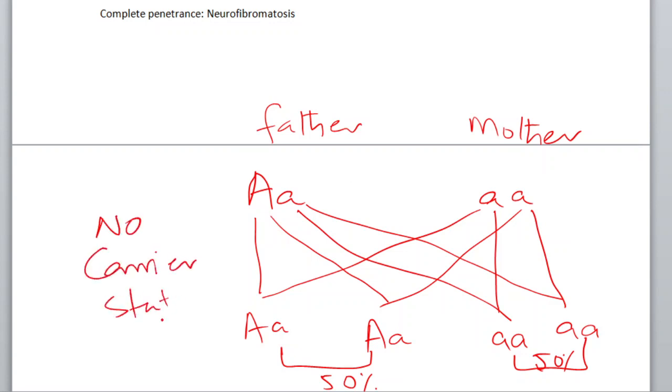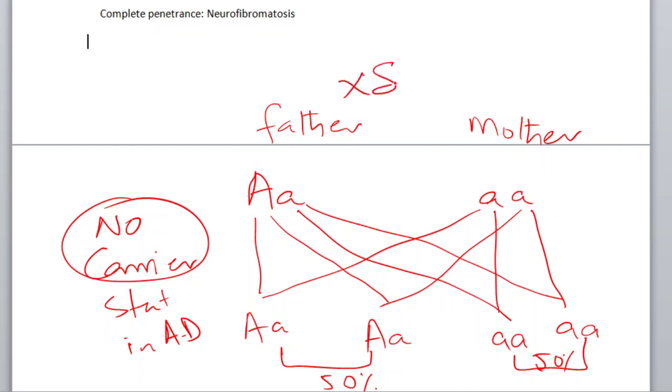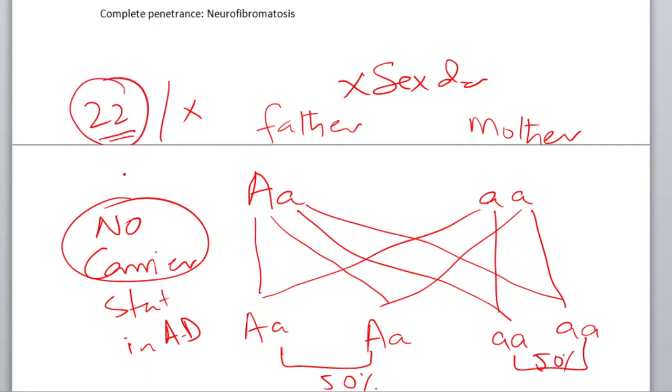In autosomal dominant conditions there is no carrier, remember always. Sex doesn't matter, because we are talking about the autosomal chromosomes, the 22 pairs, not the X and Y. That's why we are not using XY. We are just focusing on the 22 autosomal chromosomes, numbered 1, 2, 3, 4 until 22.